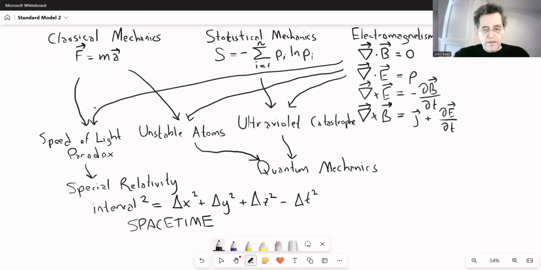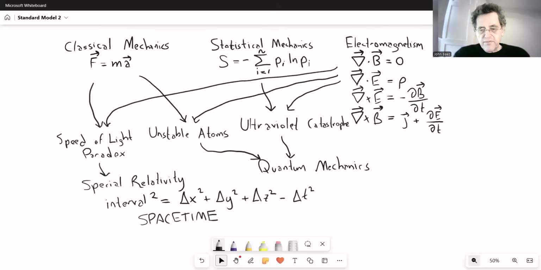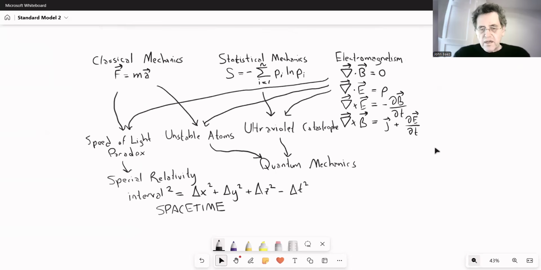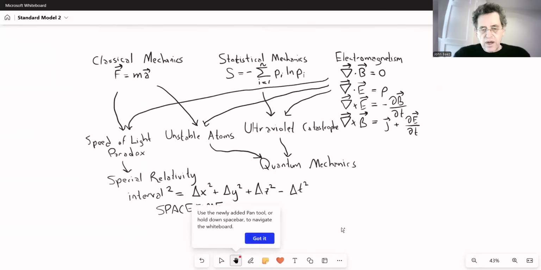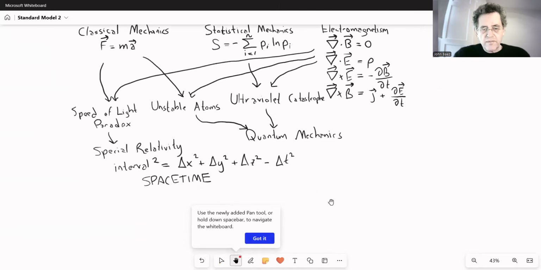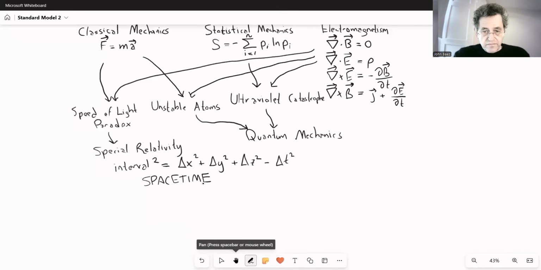So this is the early 20th century landscape of physics, when special relativity and quantum mechanics had come along, and people naturally wanted to use them to better understand the world.